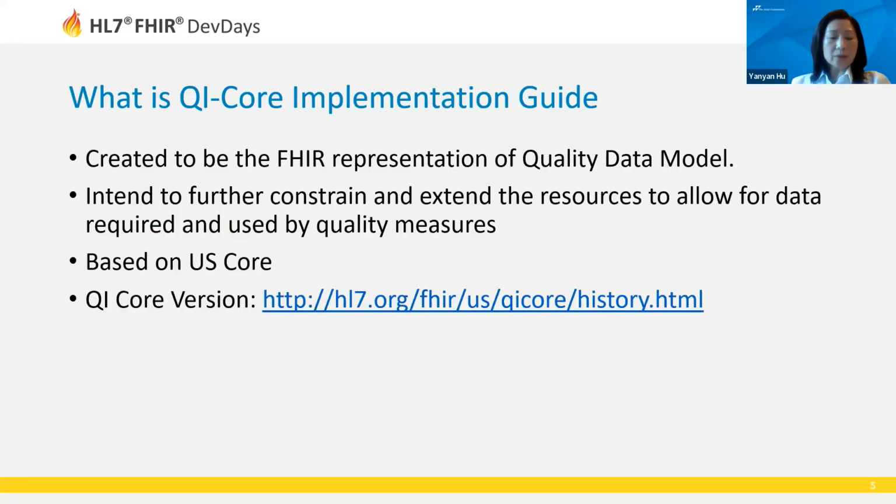So what is QI Core? The QI Core IG defines a set of FHIR profiles with extensions and bindings needed to create interoperable, quality-focused applications. It is a version-specific data model built directly on top of US Core and the base FHIR resources.